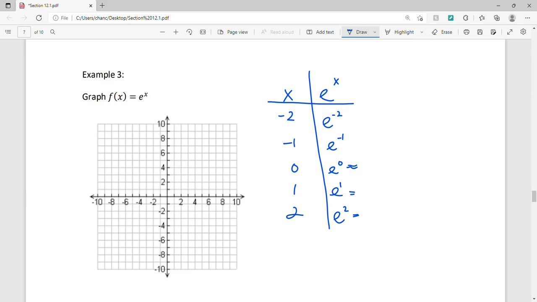Again, we'll approximate all of these values. e raised to the negative 2 is approximately 0.135. e to the negative 1 gives me approximately 0.368. e to the 0, we know that's exactly 1.